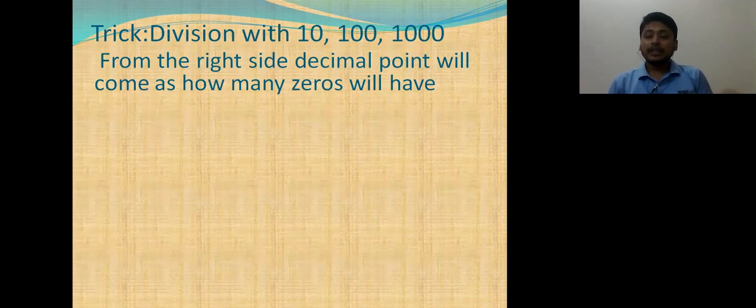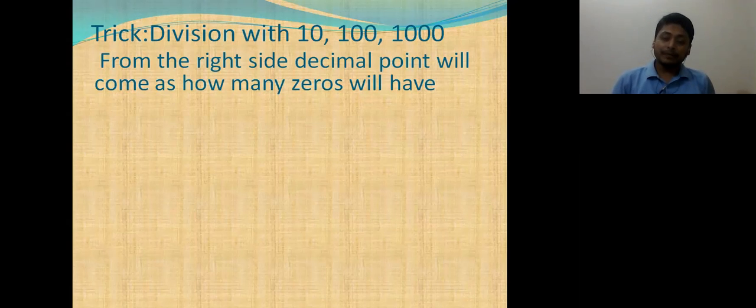But if the divisor, that means the denominator, is 10, 100 or 1000, there is a very easy technique to do division by 10, 100 and 1000. The technique is that from the right side, the decimal point will come according to how many zeros there are.